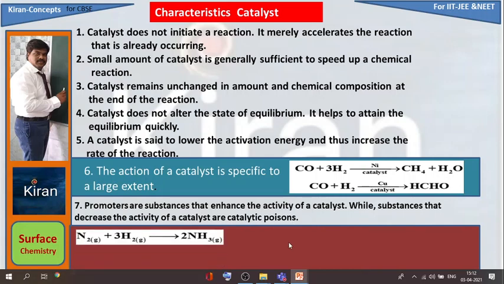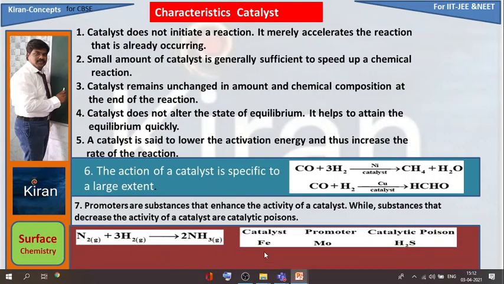Example, in Haber's process, nitrogen reacts with hydrogen to form ammonia. To get the ammonia, I require one catalyst and one promoter. The catalyst is iron, the promoter is molybdenum. Instead, when you use H2S, the entire chemical reaction is spoiled. You will not get the ammonia gas. Hence, this H2S is a catalytic poison.